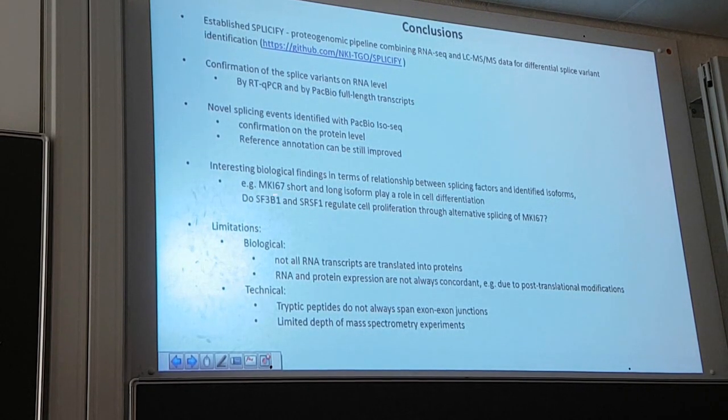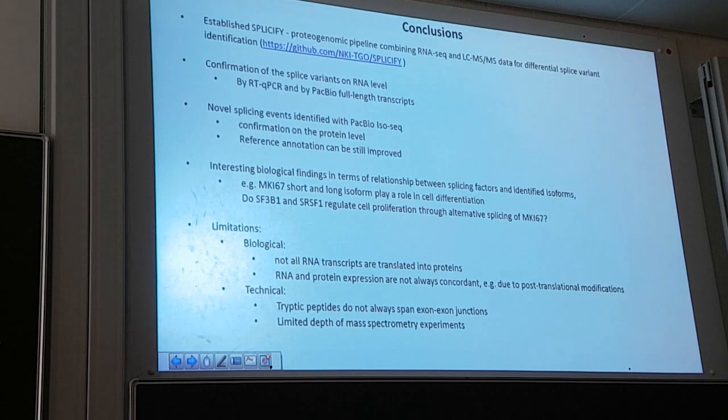There were interesting biological findings to study further the relationship between splicing factors and identified isoforms. For example, we identified MKI67 short and long isoforms that were shown to play a role in cell differentiation, and how these splicing factors might regulate cell proliferation through alternative splicing of this isoform.